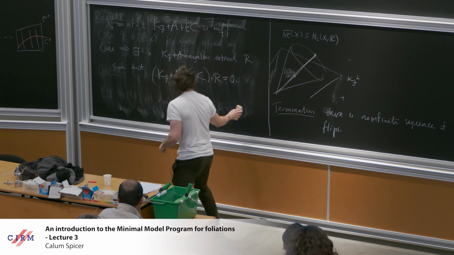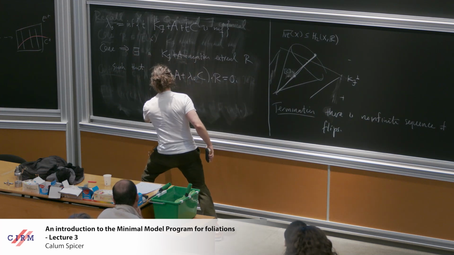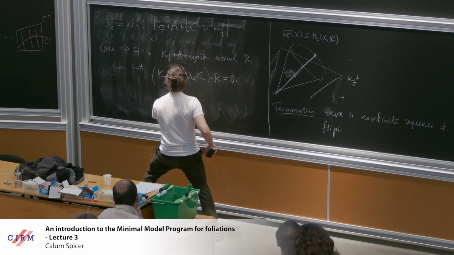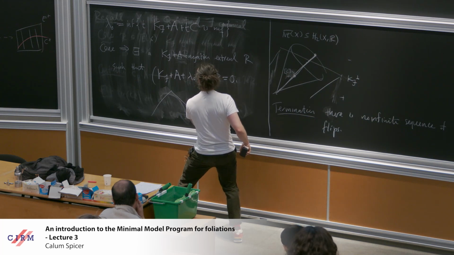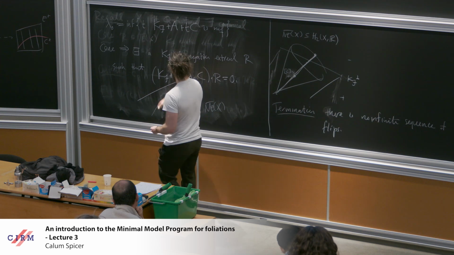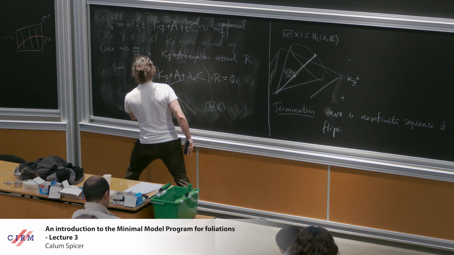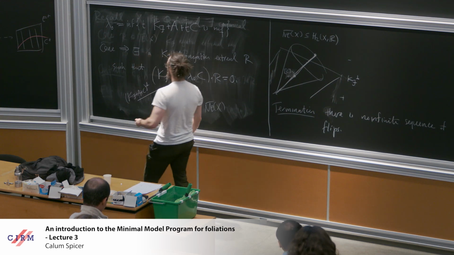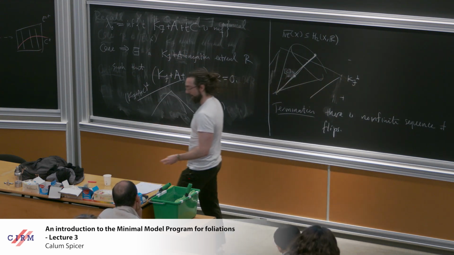So to give a quick picture of what's happening, imagine this is a chunk of our Kleiman-Mori cone. What we have is the ray. So this is kf plus a plus c perp. Again, this is just all those homology classes which have 0 intersection with kf plus a.